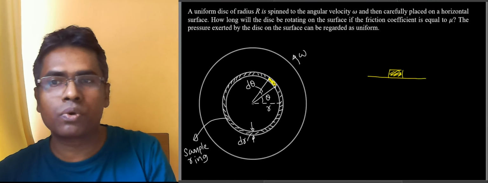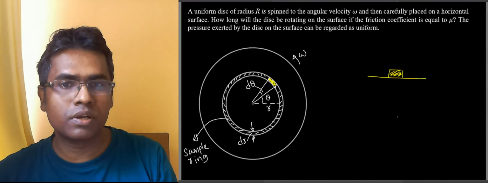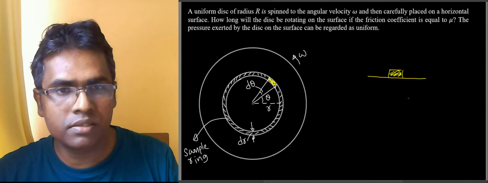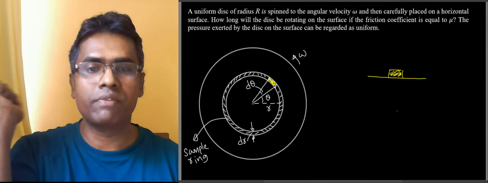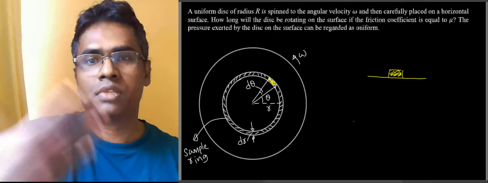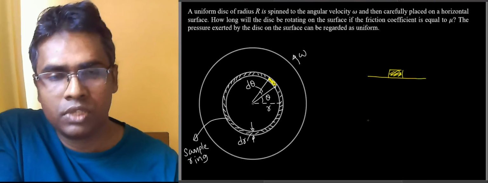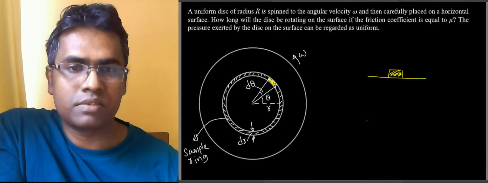The earth is going to provide a gravitational force in the downward direction, so whatever the mass of the section is times the acceleration due to gravity. Again, the mass of the disk is not given other than the fact that it is uniform, so we will have to figure out the mass as well.